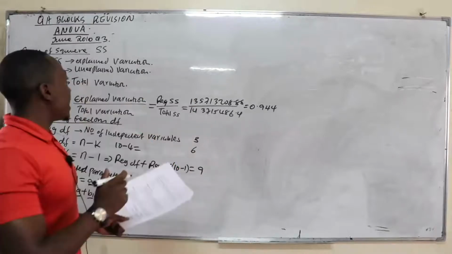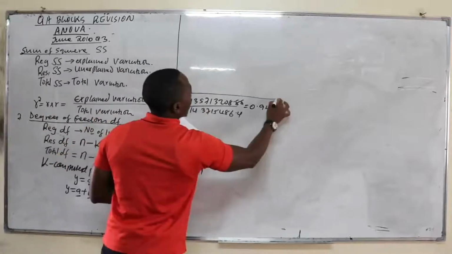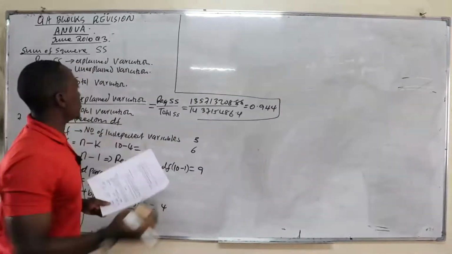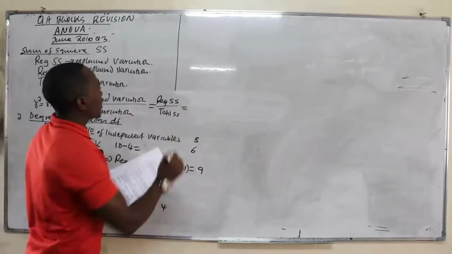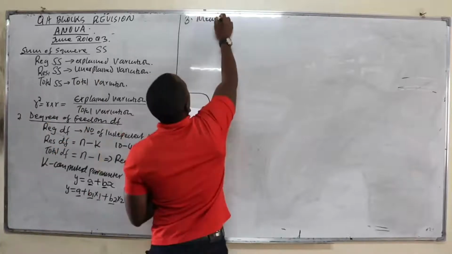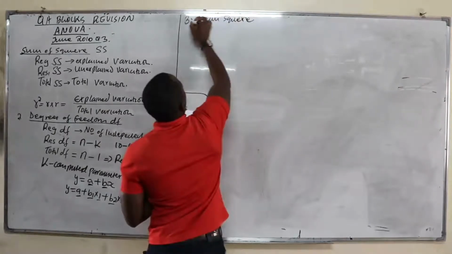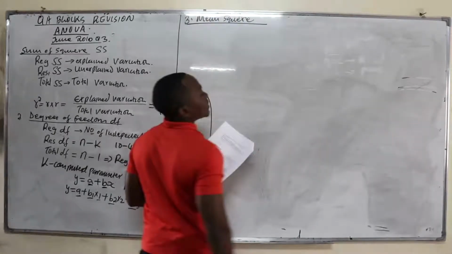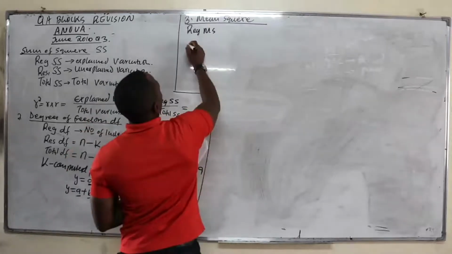Mean square. Good. We have mean square, and we have only 2 mean squares: regression mean square and residual mean square.